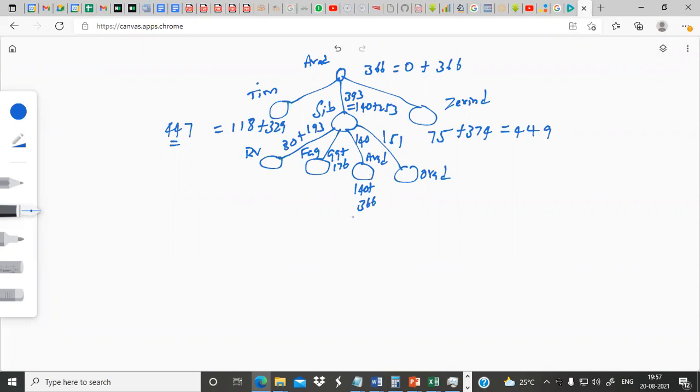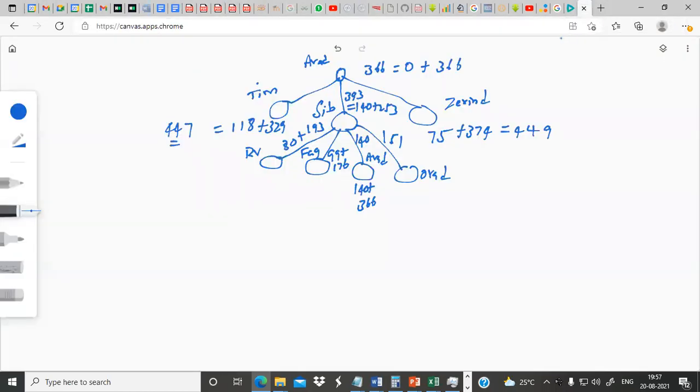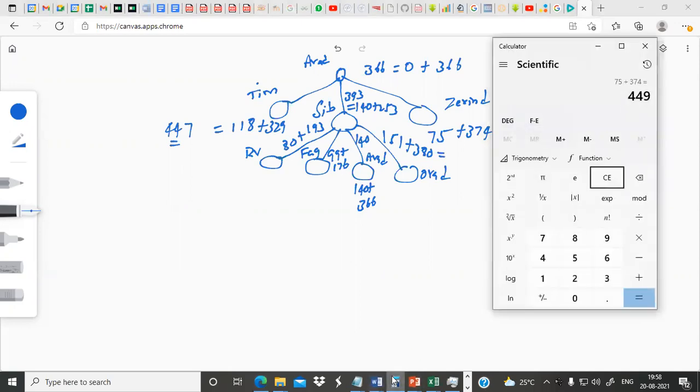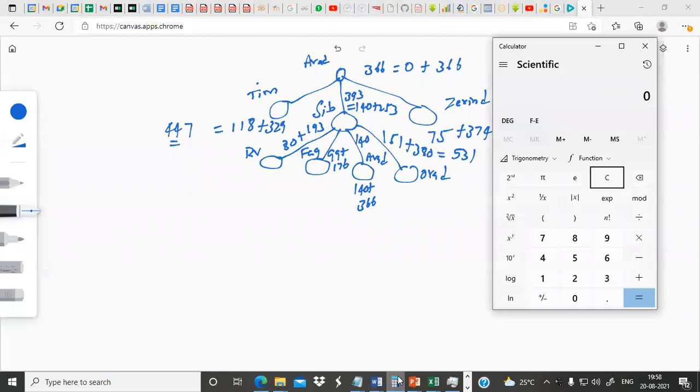And from Oradia, what is the cost? 380. Estimated cost of that is h of n is 380. So it is 151 plus 380. Now we have to add all these. What is 151 plus 380? It is 531. So this is 531. And what is 140 plus 360?